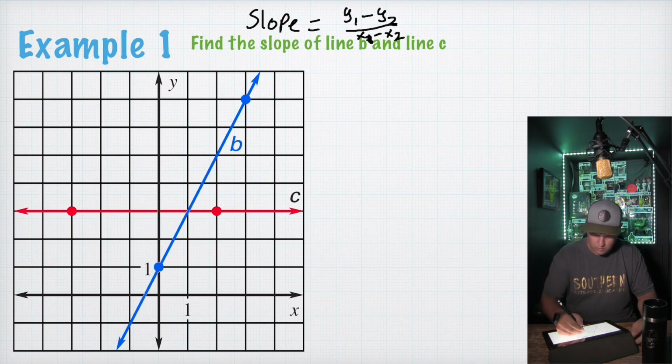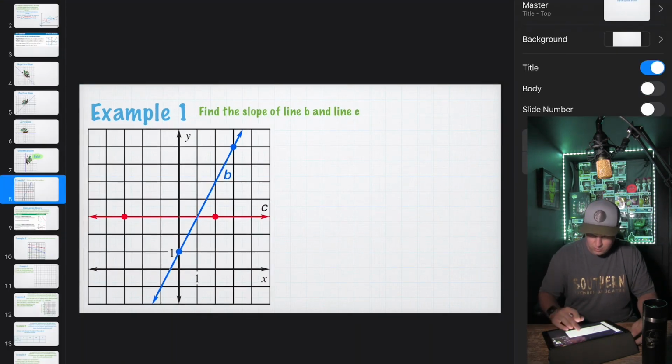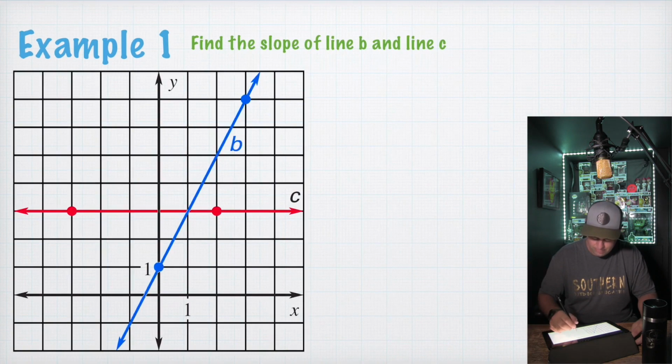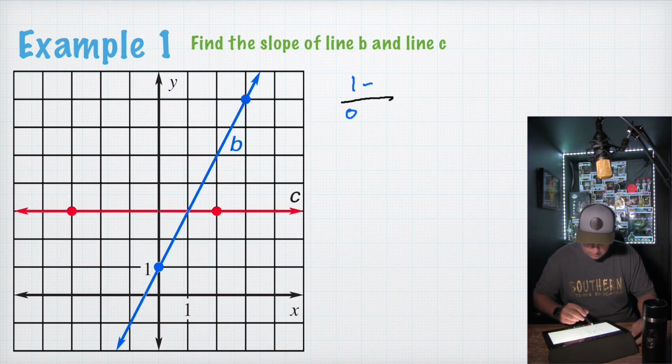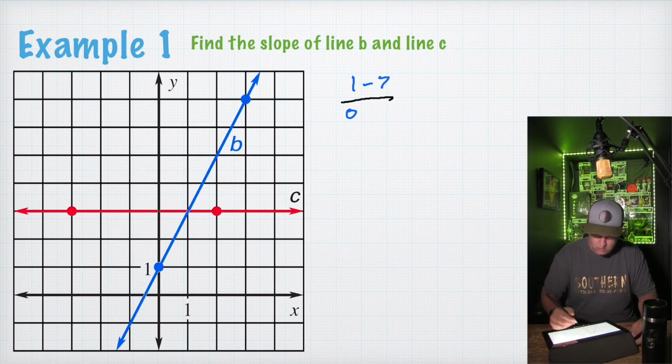So y1 is going to be 1, over our x, which is going to be 0, minus, if we go here, our b value is going to be up 1, 2, 3, 4, 5, 6, 7, minus 7 over 1, 2, 3, minus 3.